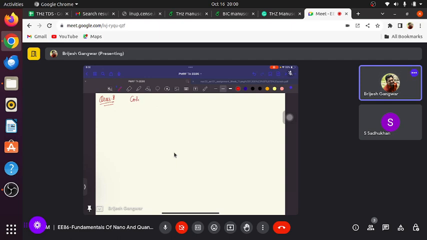Question 8 is: a coherent state, that is alpha, is an eigenfunction of.